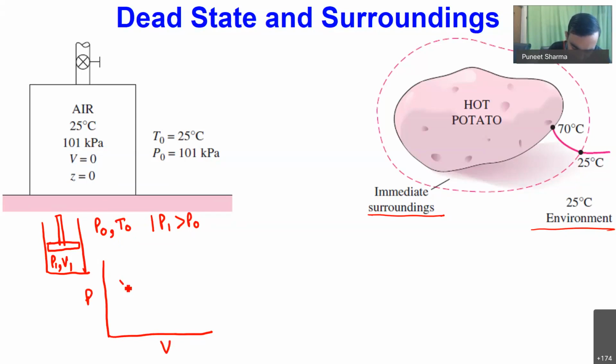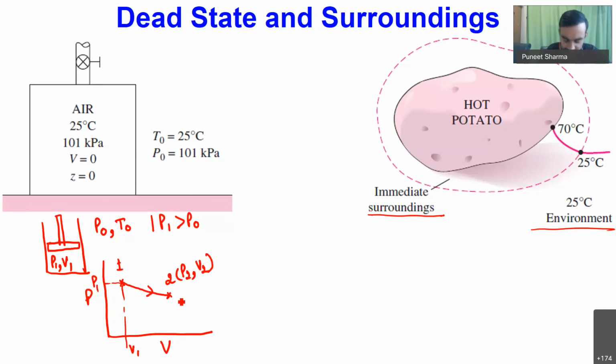So what will be happening if I now plot the PV diagram? Say this is my starting point, point number 1, where my pressure is P1 and volume is V1. Now if I allow this piston cylinder arrangement to expand, say I have expanded it to some state 2 where the pressure is P2 and the volume is V2.